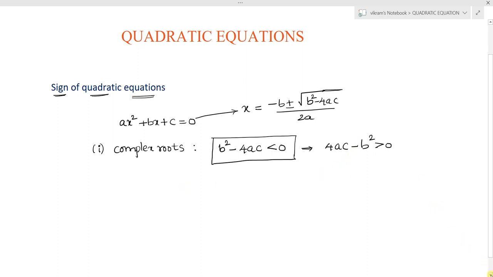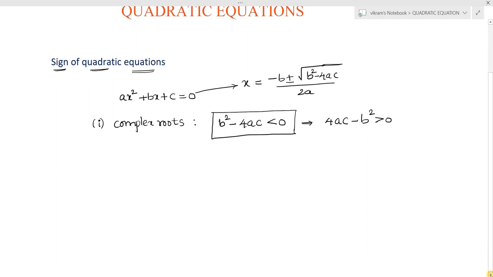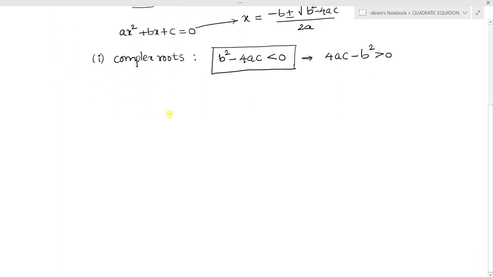Now we will try to convert the given quadratic equation ax square plus bx plus c. If we take a as common, we can write it as a times x square plus b by a into x plus c by a. We need b square minus 4ac to appear in this simplification.